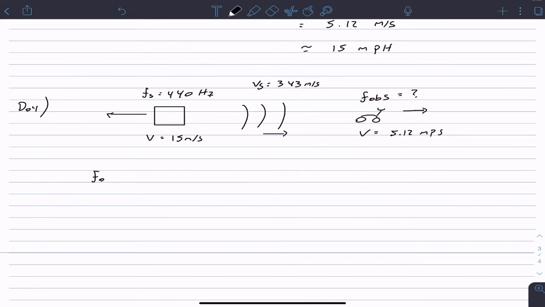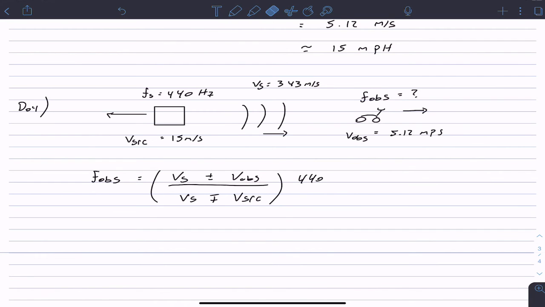So let's set up our equation again. V sound plus minus V observer over V sound minus plus V source. So this is V source, this is V observer, just to be more clear. And then this is going to be the source frequency, which is 440 hertz, which is an A, by the way, for anyone who likes music.